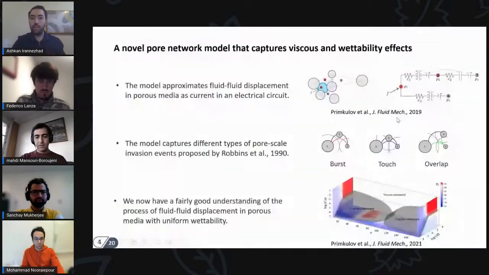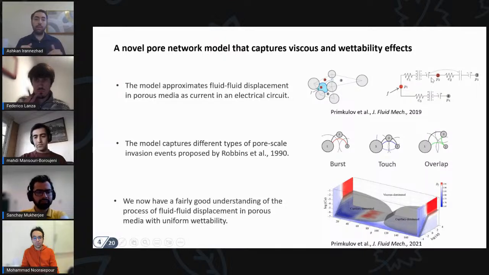So overall, we can say that in this model, the viscous drop across the pore throats can be approximated with currents in resistors. And the out-of-plane curvature of the fluid-fluid interface can be approximated with the current in batteries, as you can see here.